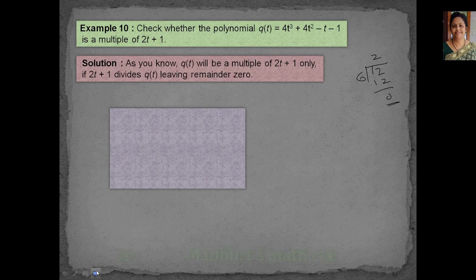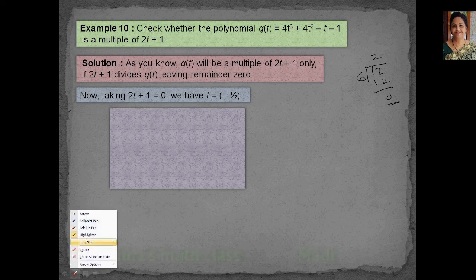As you know, q(t) will be a multiple of 2t plus 1 only if 2t plus 1 divides q(t) leaving remainder 0. So now taking 2t plus 1 equal to 0, we have to find the zero of 2t plus 1. So when 2t plus 1 is equal to 0, we have t is equal to negative half.